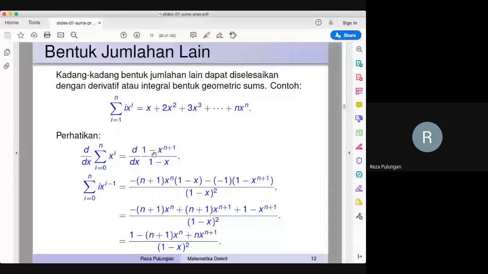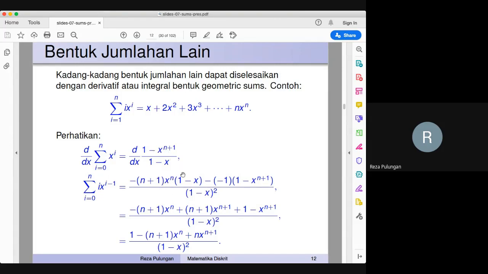The derivative of the whole thing here, the derivative of this one first. Look at this. What is the derivative of this one? The derivative of this one is n plus 1 multiplied by x to the power of n, minus, because this is 1 minus, so minus n plus 1 multiplied by x to the power of n. This is the derivative of this one.